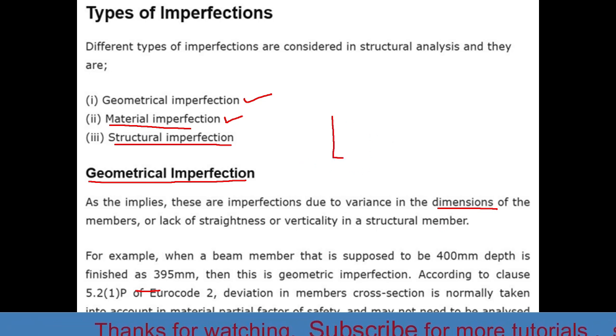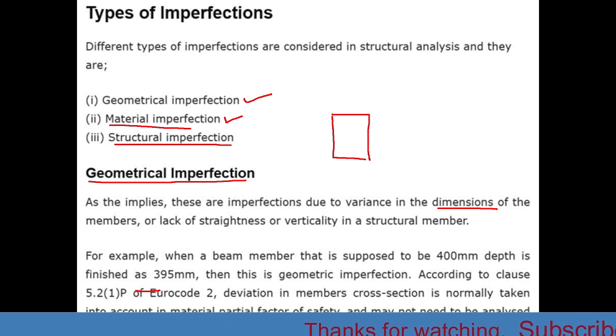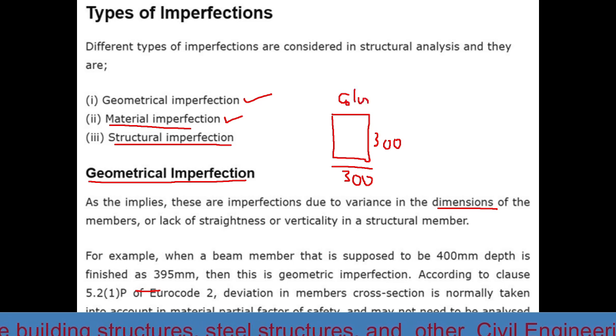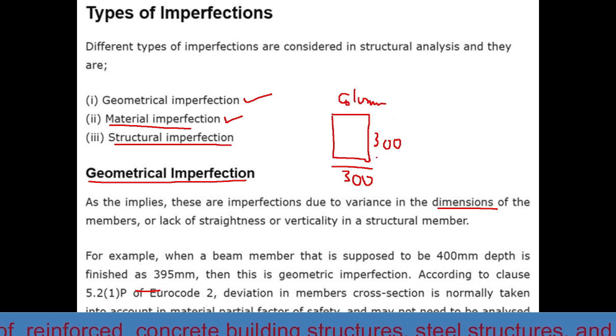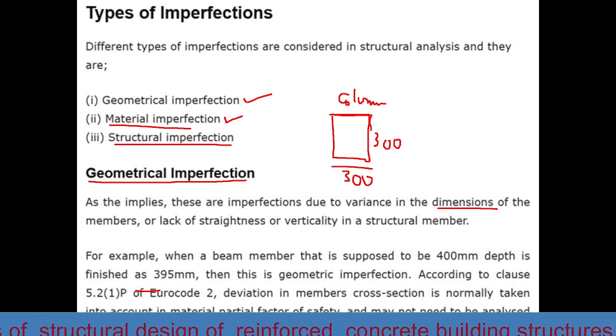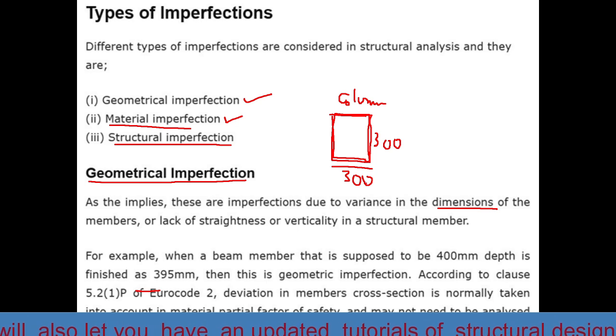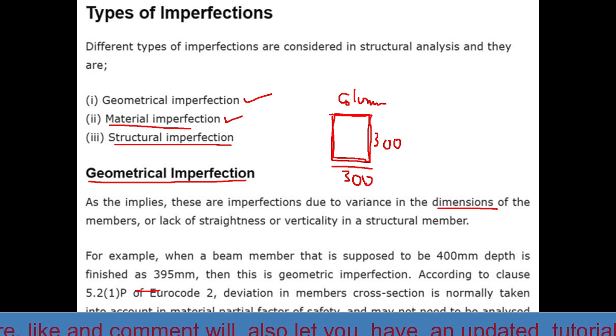Meaning if we have a column here having a cross section of 300 by 300, suppose this is a column. So initially we may design a column having a 300 by 300 cross-section size.